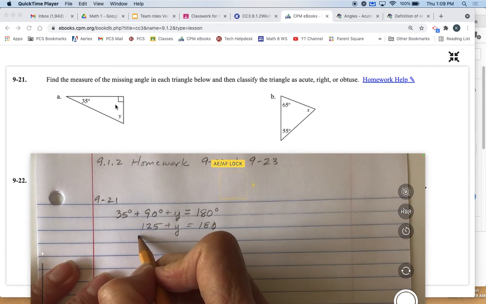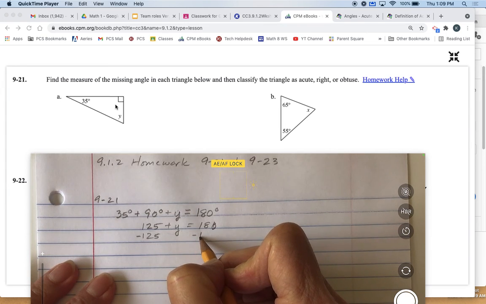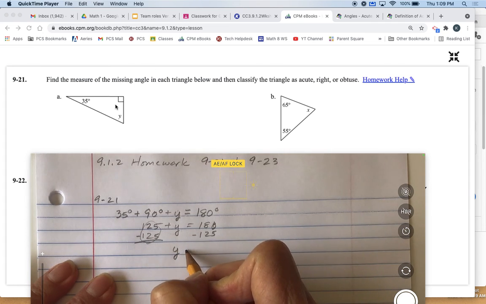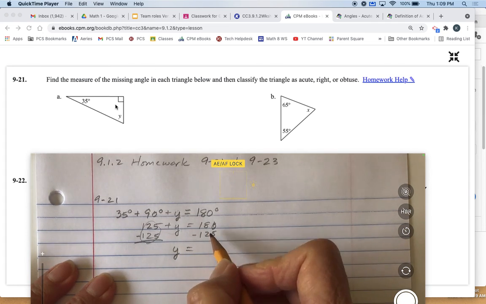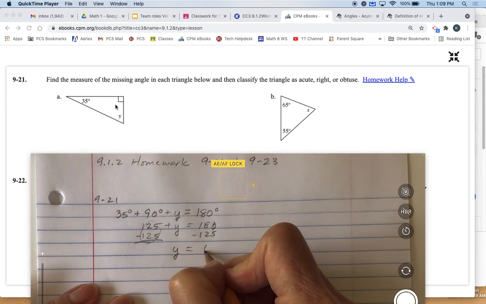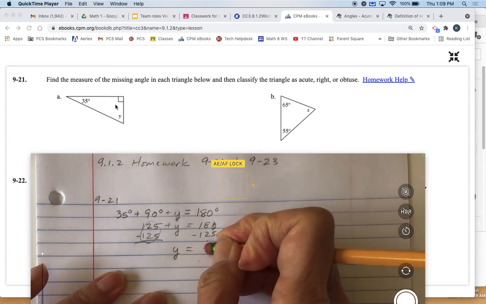And so we're going to subtract 125. So minus 125. And this zeroes out. So we only have y left on this side. And 180 minus 125 is going to be, well, that would be 55.